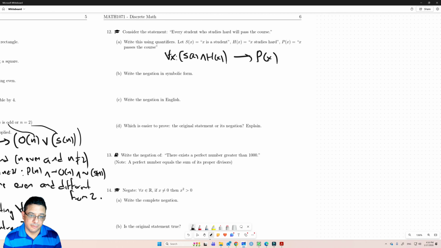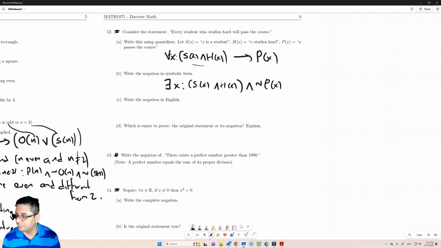Now, if we're going to write this negation in symbolic form, this is going to transform to there exists x. Because this is an implication, we don't negate the initial stuff. So we're going to have S of x and H of x, and then negation of P of x.